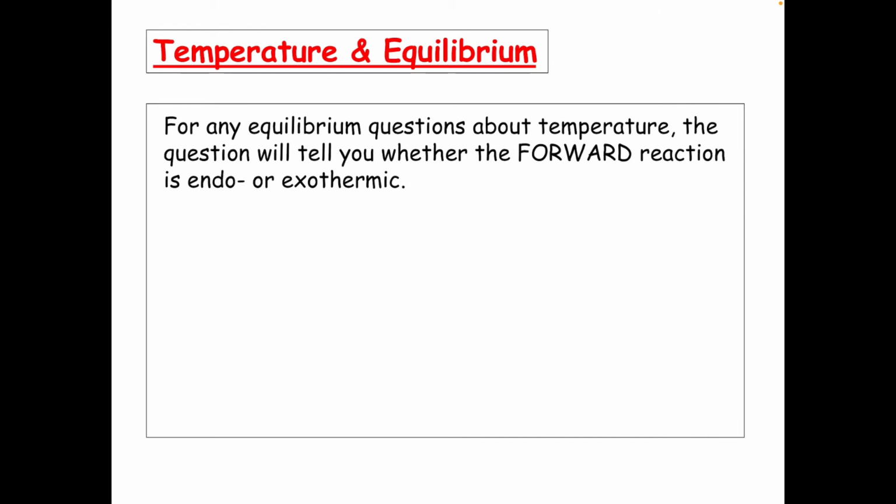For any equilibrium questions about temperature, the question will tell you if the forward reaction is endothermic or exothermic, and you'll be able to tell that by it saying delta H equals plus or delta H equals minus. So let's take this one for example. This is carbon monoxide reacting with hydrogen, and you'll be able to see that delta H is negative. That is for the forward reaction, so that means that the forward reaction is exothermic.